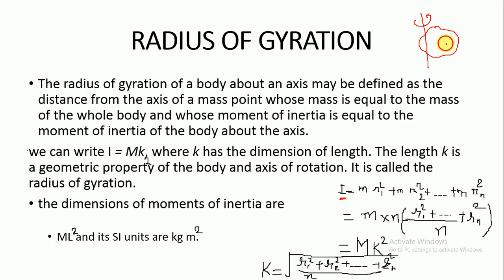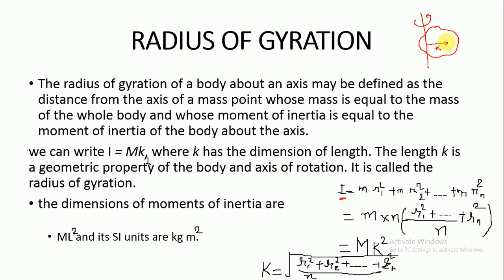Now if I consider a point here, this point has the mass of the whole body, and the whole mass is situated here. The moment of inertia I calculate for this point mass has to be equal to the moment of inertia of the whole body about this axis. So this distance would be known as the radius of gyration.